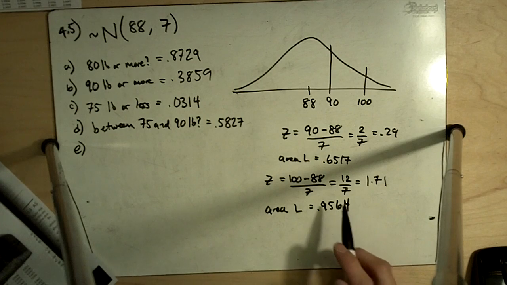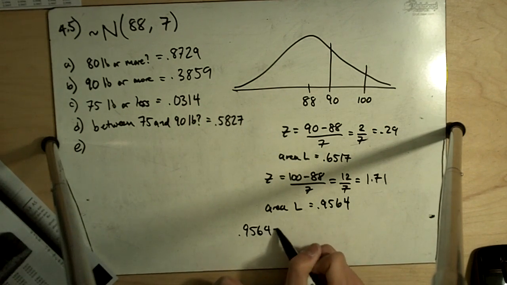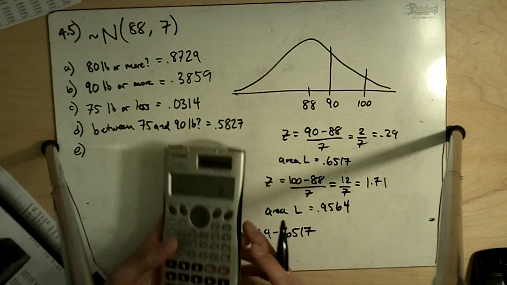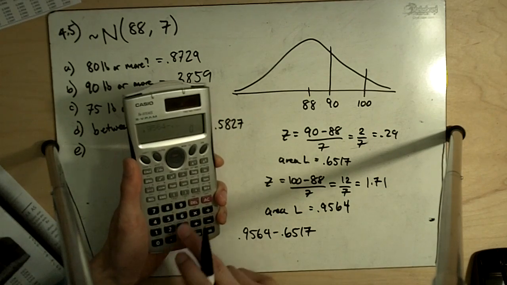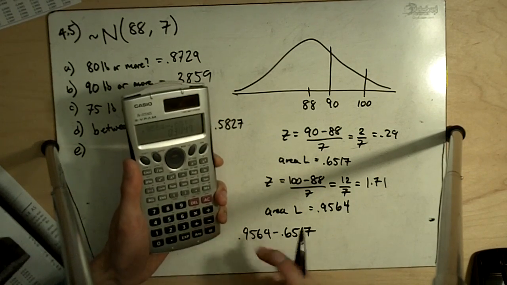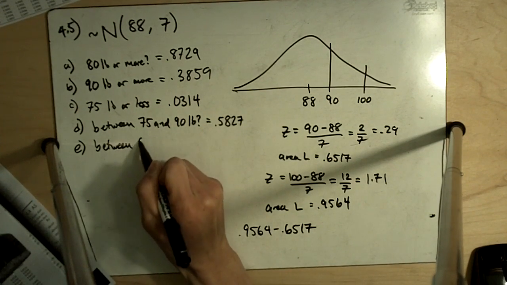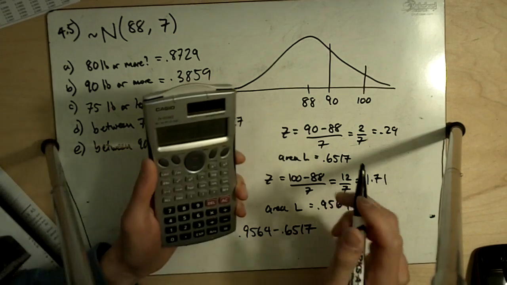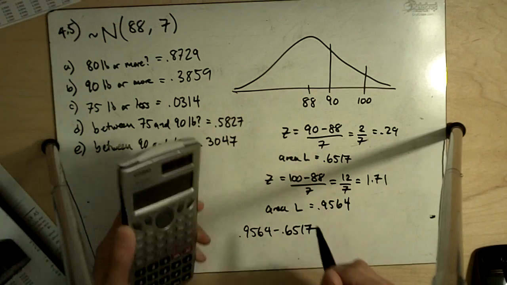Okay, and so the area in between is going to be 0.9564 minus 0.6517, and so between 90 and 100, we have 0.3047.